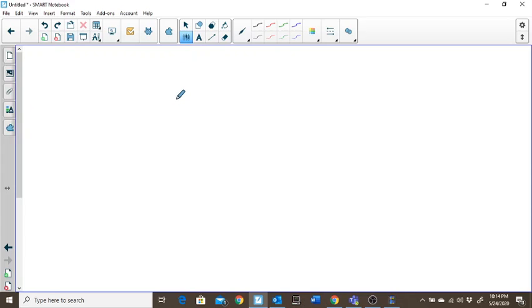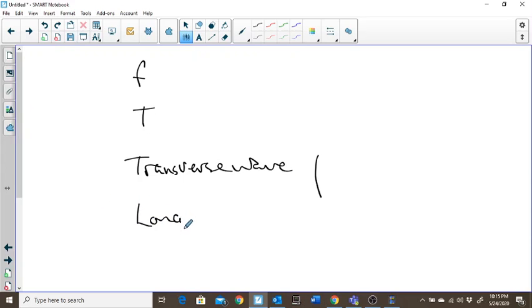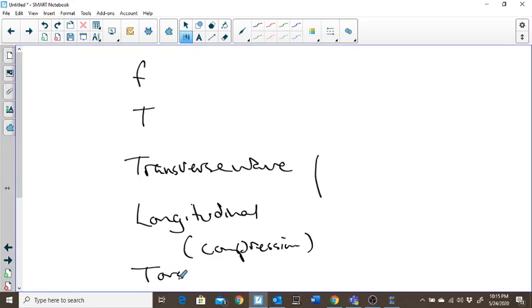All right, so there we go. We're done for today. So we have frequency, we have period, we have transverse waves, and we have a bunch of vocabulary for that. And then we have longitudinal or compressional waves, and yes, torsional.